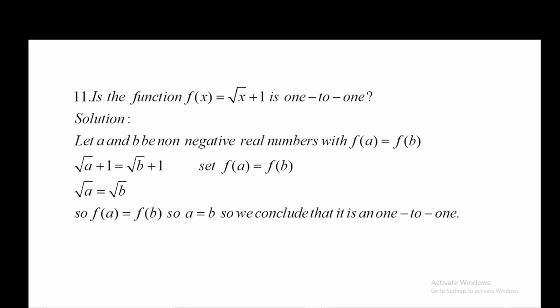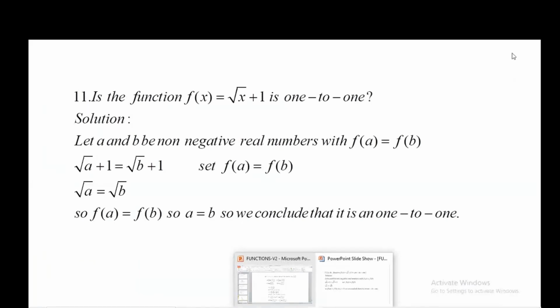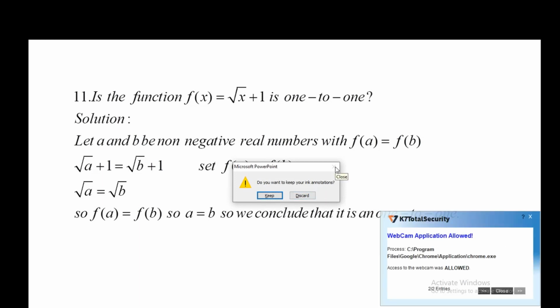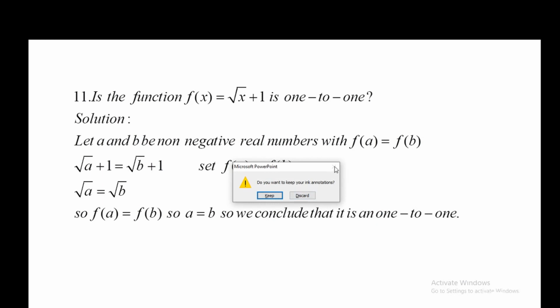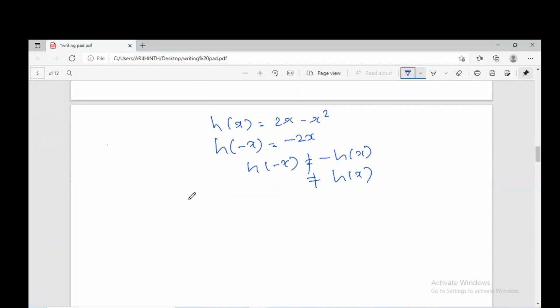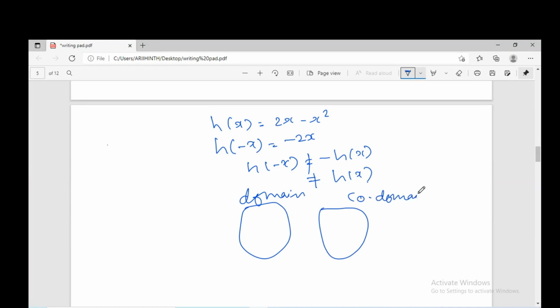Now they asked us to check one-to-one. One-to-one means each and every element in the domain should have a pre-image in the co-domain.